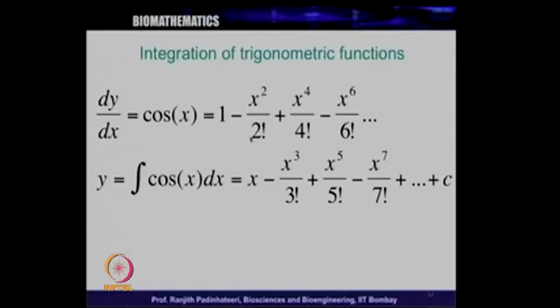So 2 factorial means 1 into 2, 4 factorial means 1 into 2 into 3 into 4, and 6 factorial means 1 times 2 times 3 times 4 times 5 times 6. So dy by dx is cos x equal to 1 minus x square by 2 factorial plus x power 4 by 4 factorial minus x power 6 by 6 factorial, and so on and so forth.